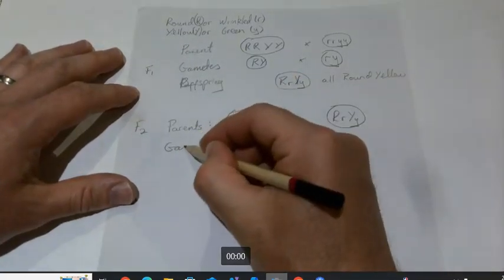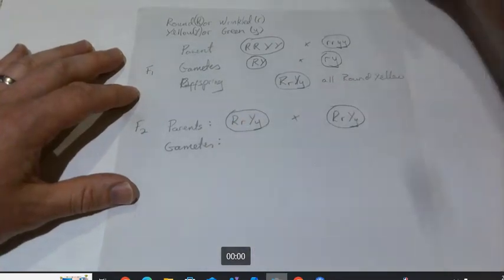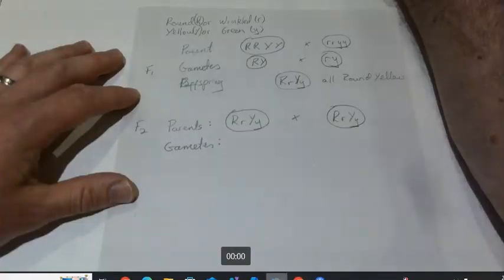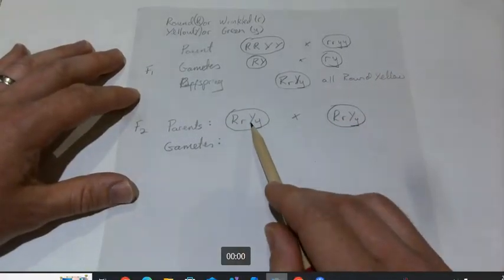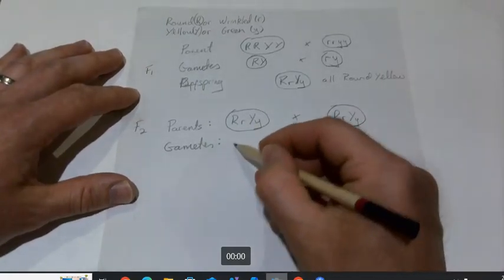Now look at the gametes. And in this case, we need to go to Mendel's second law, the law of independent assortment. Either member of a pair of alleles can combine with either member of another pair of alleles. So that means either of this pair can join with either of that pair. We must look at all the different combinations.